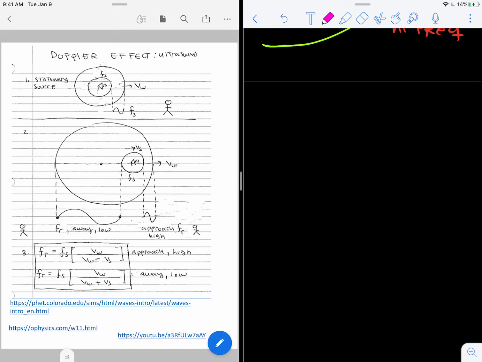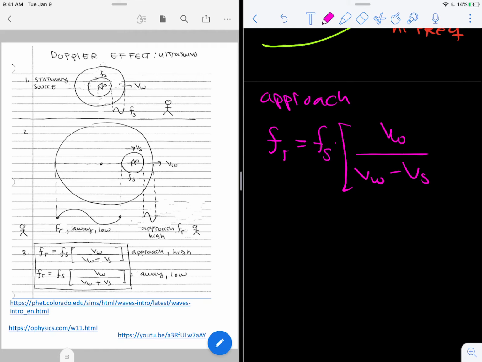In the case when the wave is approaching you, the frequency that you're going to notice, the received frequency, is going to be the frequency from the speaker or the source of the sound wave, multiplied by the velocity of the wave, and then divided by the velocity of the wave minus the velocity of the speaker.